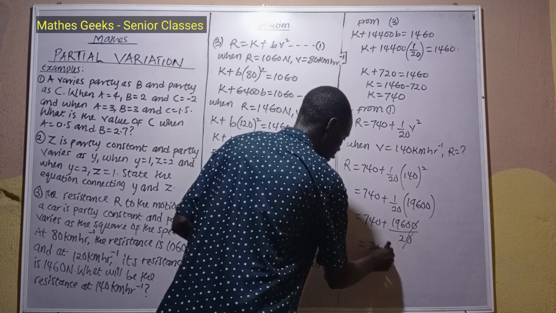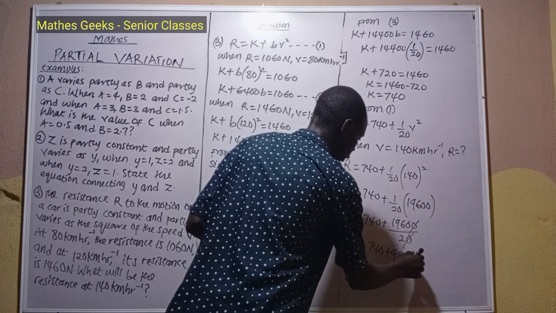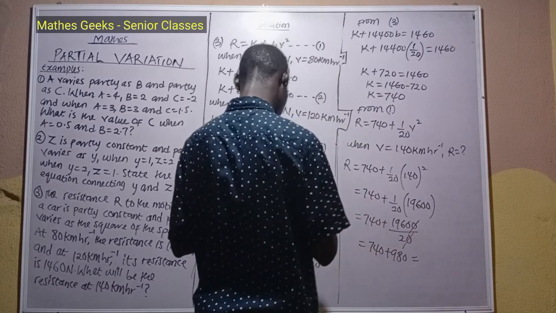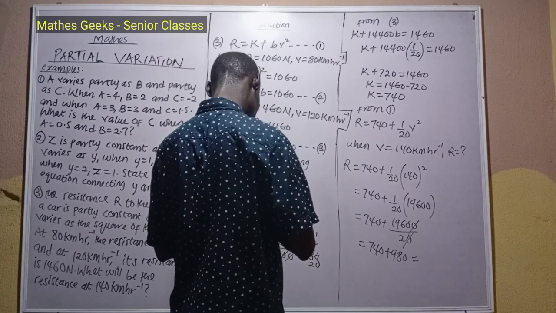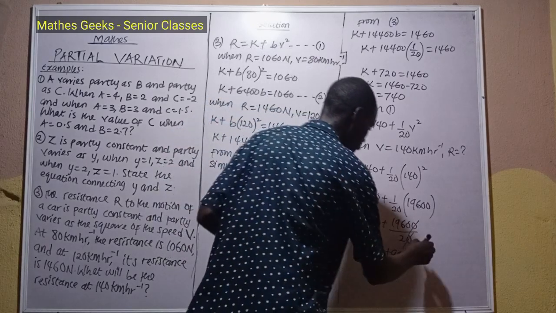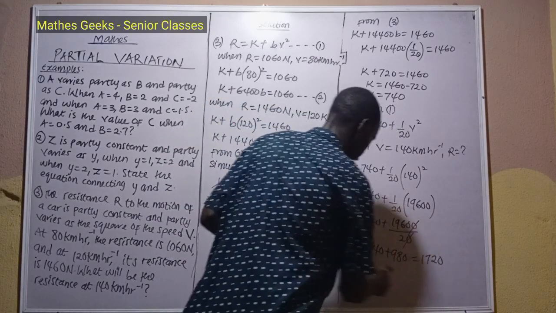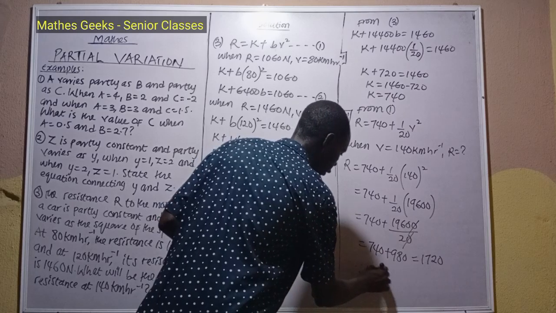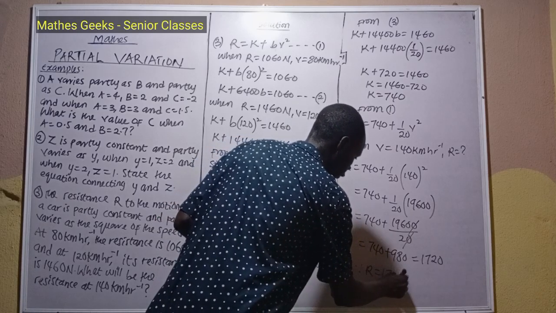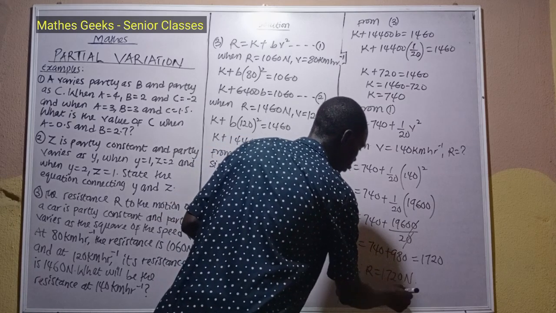So 740 plus 980 is 1,720. Therefore, the resistance will be 1,720 newtons.